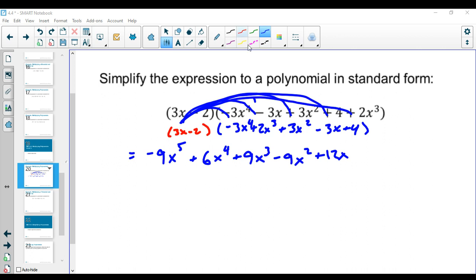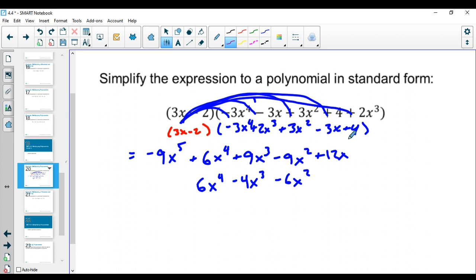So I'm going to multiply that negative 2 by everything. So negative 2 times negative 3x to the fourth, that's going to be a positive 6x to the fourth. And I'm going to line it up here. Negative 2 times 2x cubed, that's going to be minus 4x cubed. Negative 2 times 3x squared is going to be minus 6x squared.